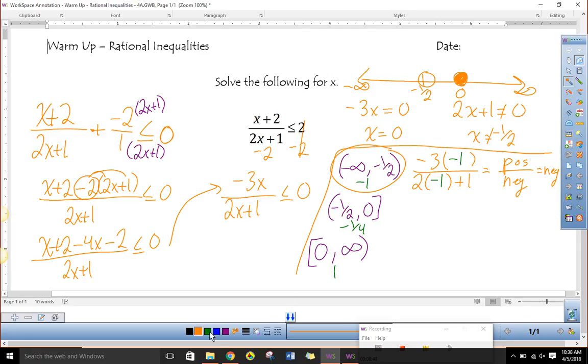This guy right here, put it in green. That is part of your solution. That is part of your final answer. Potentially your only final answer. We don't know. So far so good? Same thing for the next two? Yeah?